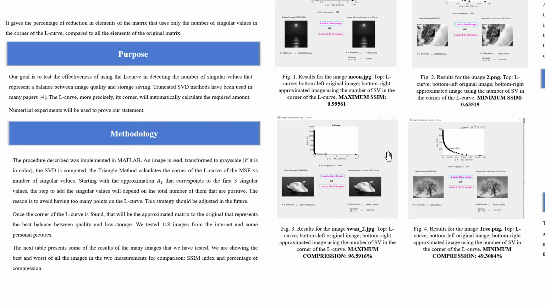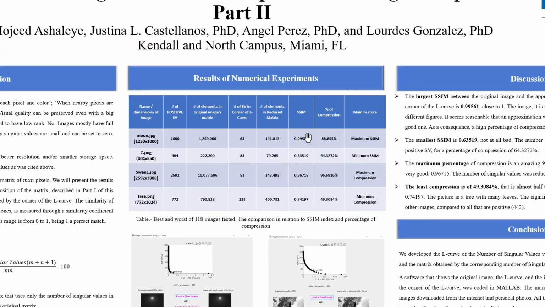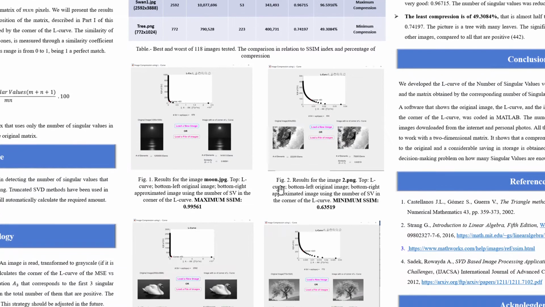And over here, you can see that in the results of the numerical experiment, here are some images that stood out in terms of structural similarity index and percent of compression. So these images show an impressive amount of compression and impressive quality preservation.